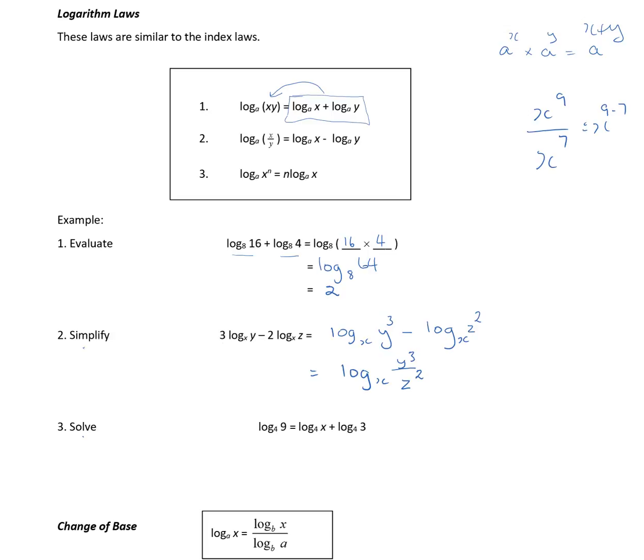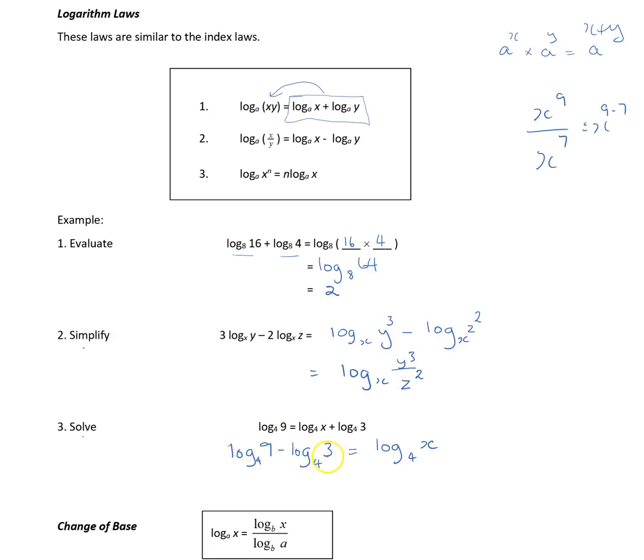And as with any solve question, we're going to try to get that x by itself. So let's move the log of 3 to base 4 over here. So we would end up with log to base 4 of 9 minus log to base 4 of 3 is equal to log to base 4 of x.